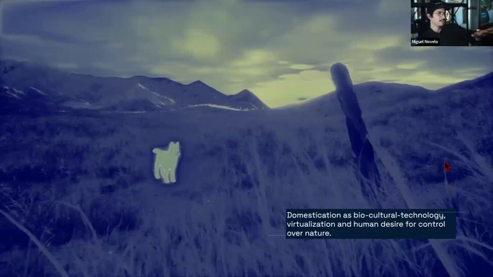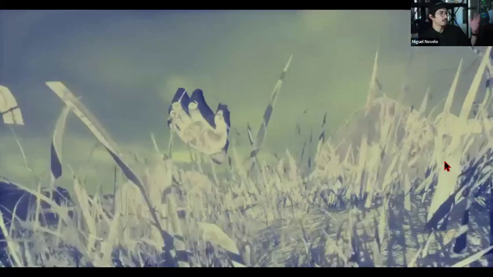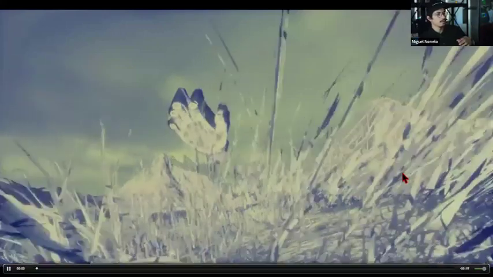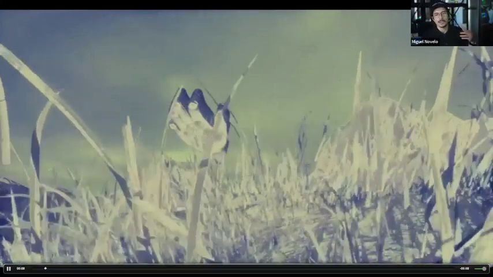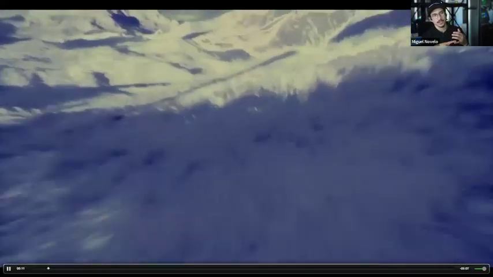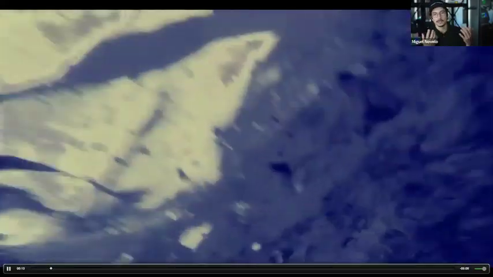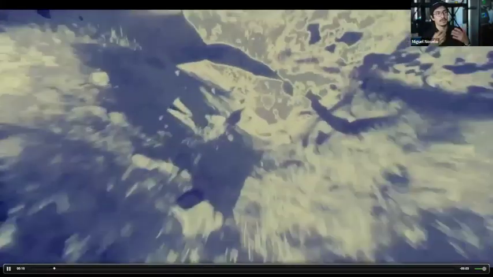The piece itself is a game engine that you explore and find other dogs around, and they tell you their stories about how they have been used for technology purposes and eventually being killed by these experiments or by these processes of technology.